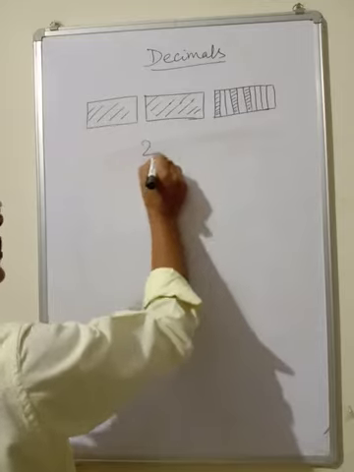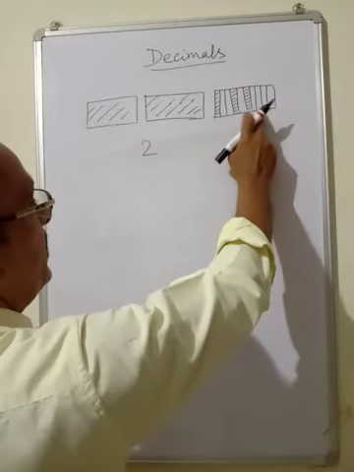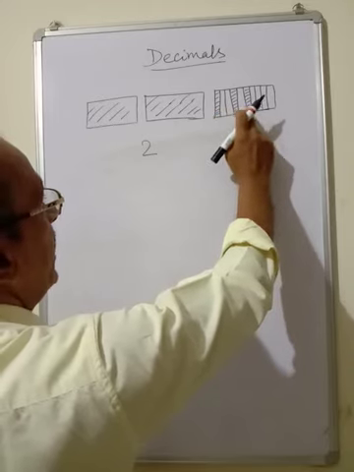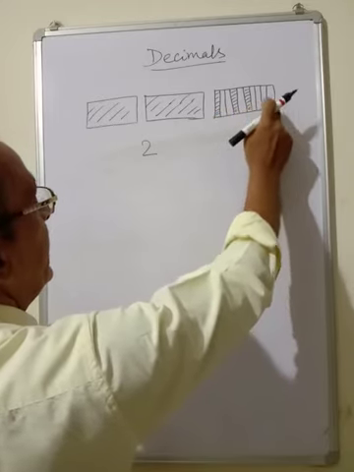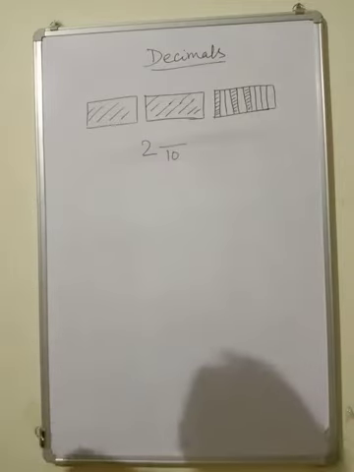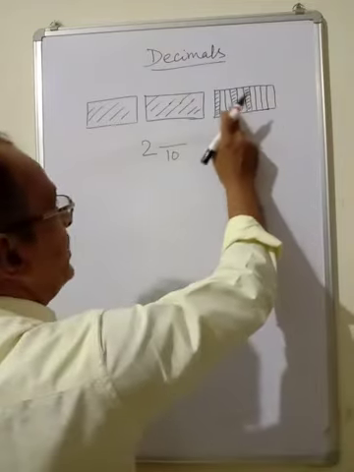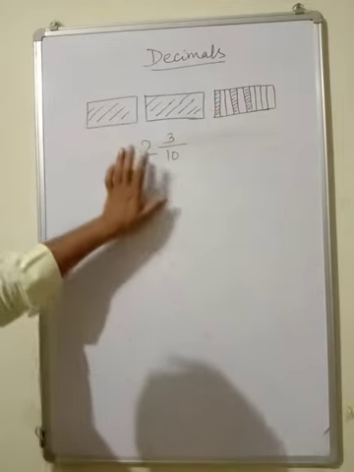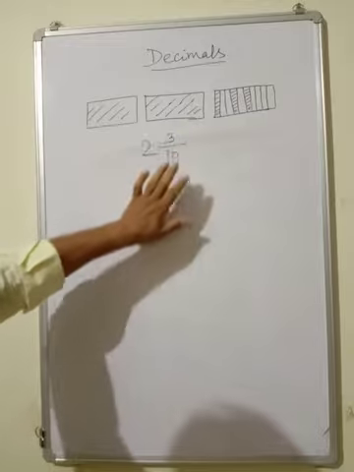So this will be 2, and the total parts are 1, 2, 3, 4, 5, 6, 7, 8, 9, 10. So you have to write 10 here. And how many parts are taken? 1, 2, 3. So in fraction, this will be 2 whole 3 by 10.